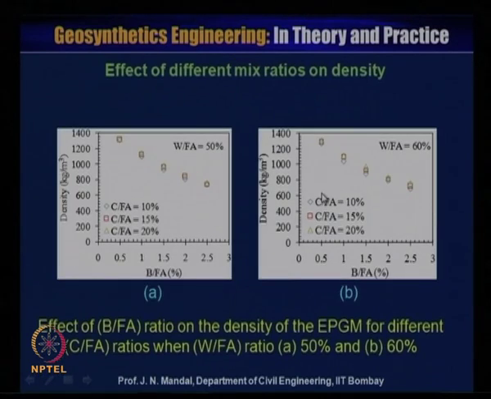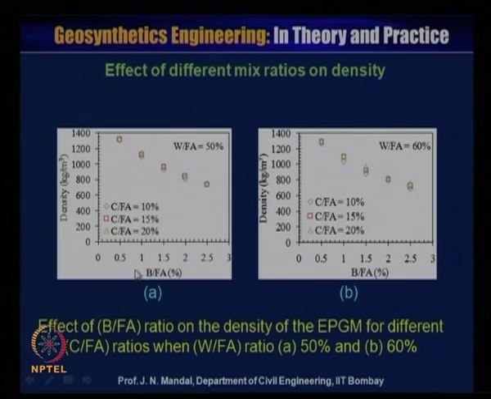Now, from this experiment we obtained the effect of the beads to fly ash ratio on the density of the EPGMA for different cement to fly ash ratios, when the water to fly ash ratio is 50 percent and when it is 60 percent.